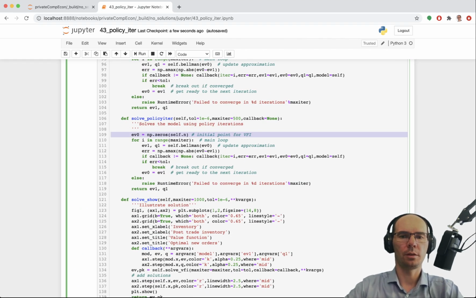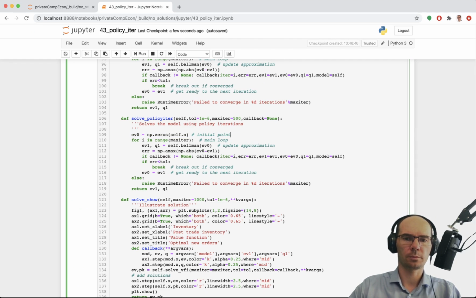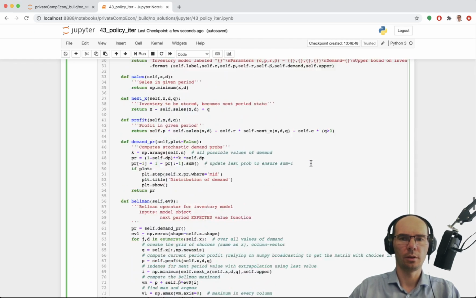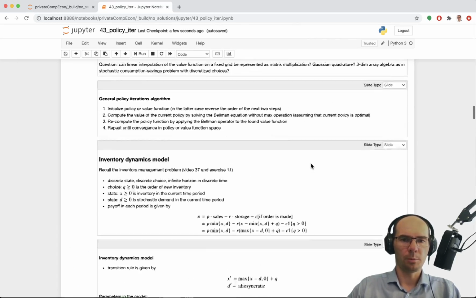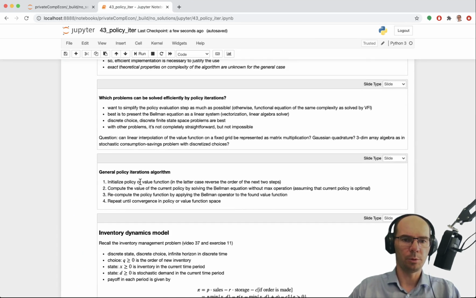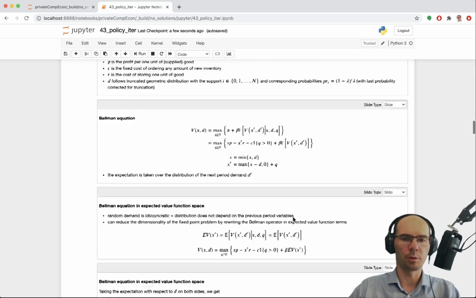And so if we are initializing, let's follow the algorithm and initialize the policy function first. Initialize policy or value function. Okay, let's initialize policy function, compute the value for the current policy.